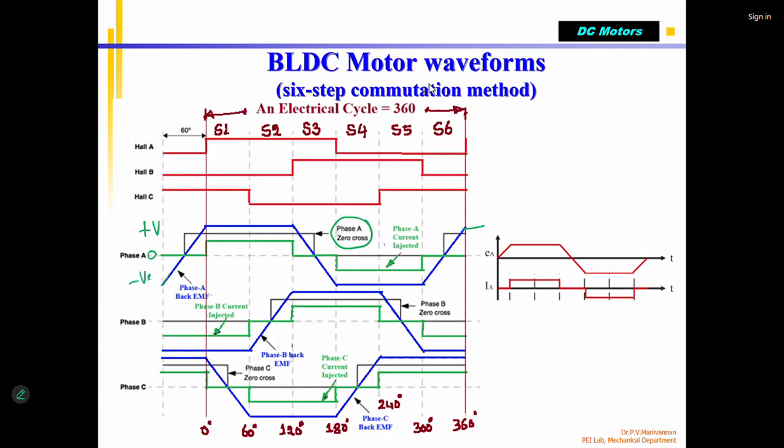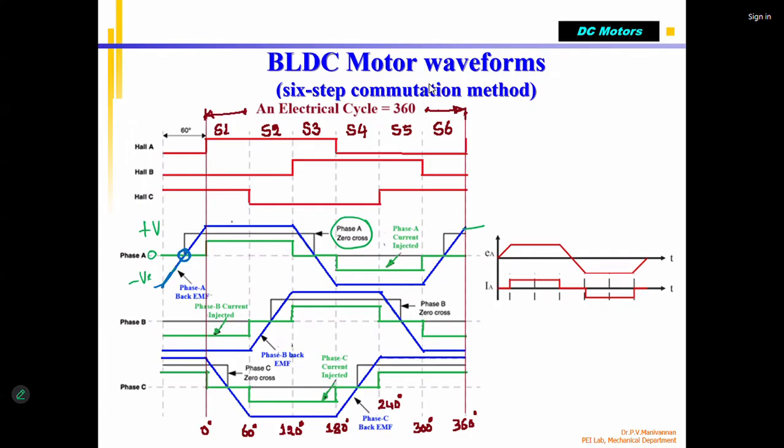So it is increasing from minus voltage, and this point is called the zero crossing point. Then it goes to positive. Whenever the trapezoidal back EMF of the BLDC motor crosses from negative to positive at zero, that is called the zero crossing point.